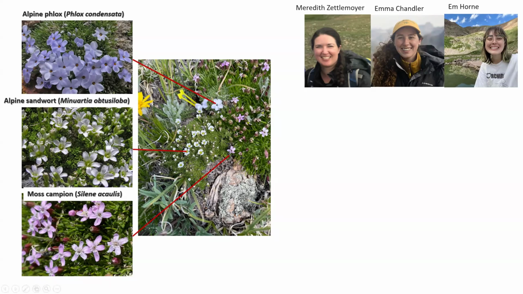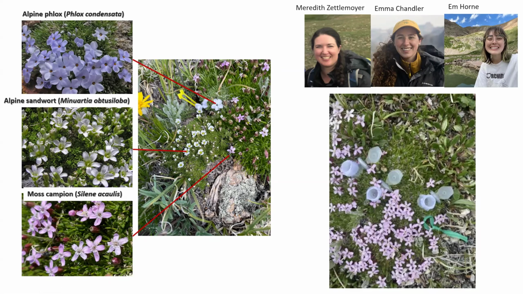And we've also started some experiments to try to understand just how important pollination is for reproduction in this species. So this is one of my graduate students, Emma Chandler here, who is really spearheading this, where she's designed these little net cages she can put over individual flowers to make sure that no pollinators can visit those flowers.